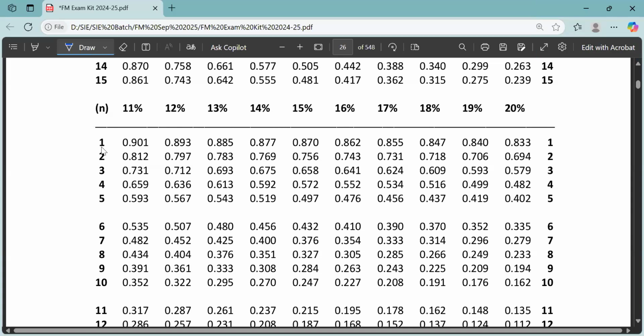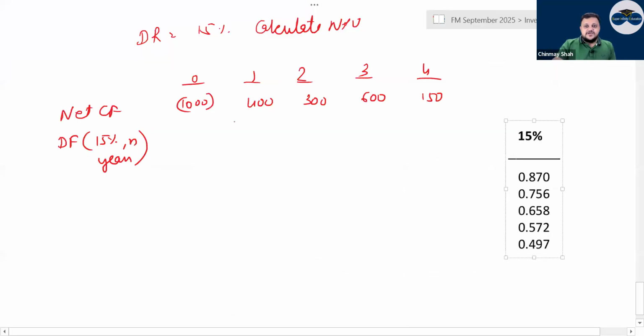Less. Yes. So today, if I'm making any initial investment, will any discounting apply on that? Sir, no. Today's value is 1 only.